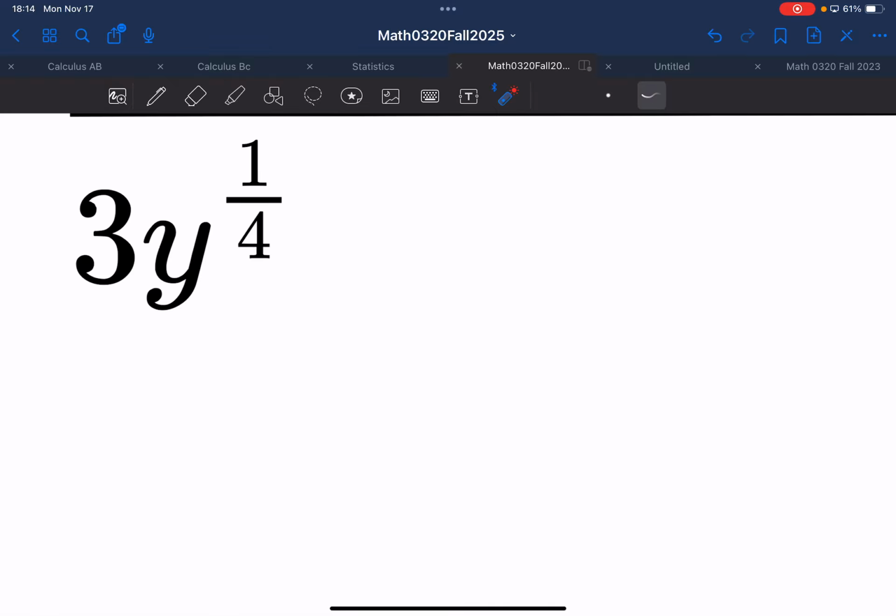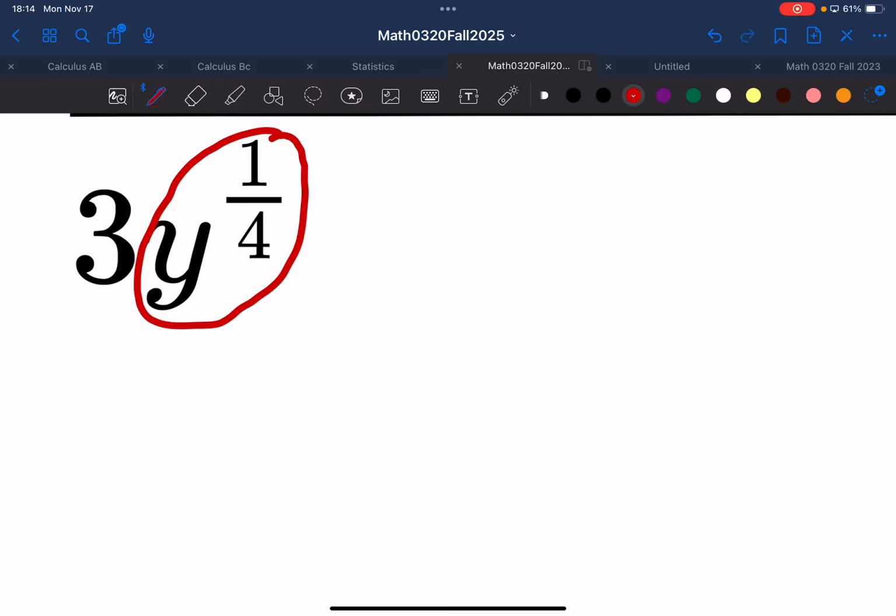Only to the y, right? Because there's no parentheses. So this is only attached to the y, which means the 3 is just going to come along for the ride.